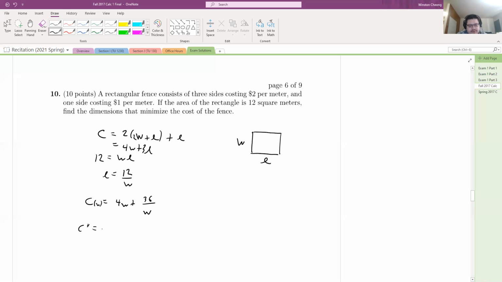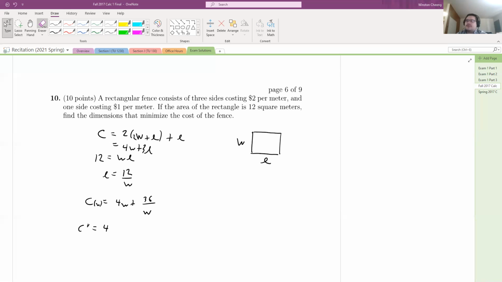Right, so then the derivative is going to be 4 minus 36 over W squared.